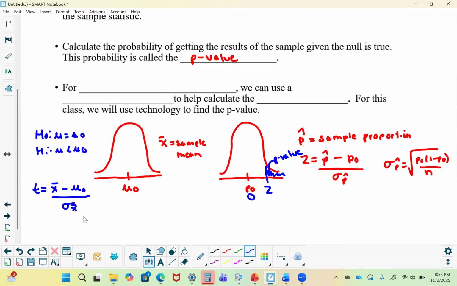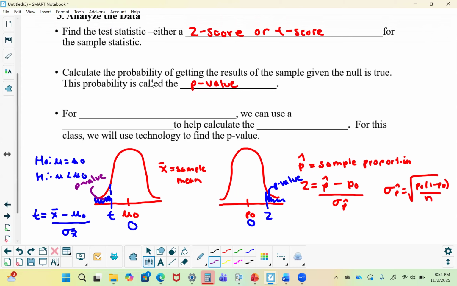We won't really worry about the formula for it. And we would calculate that t-score. This is the mean being 0 for the standard normal, and then t would come over here because it's left-tailed, so it would be less than that value, and we would calculate the probability in this left tail. And again, that area or that probability is called the p-value.